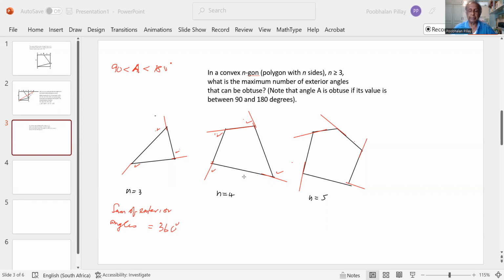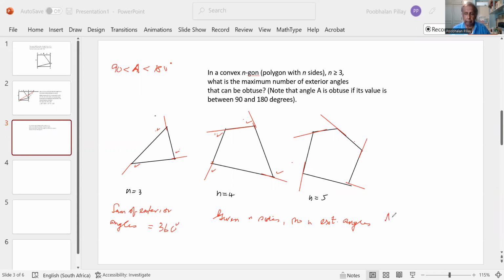So the answer is that if you're given n sides, so the n exterior angles, I'll put ext for exterior angles. And let's give them names.